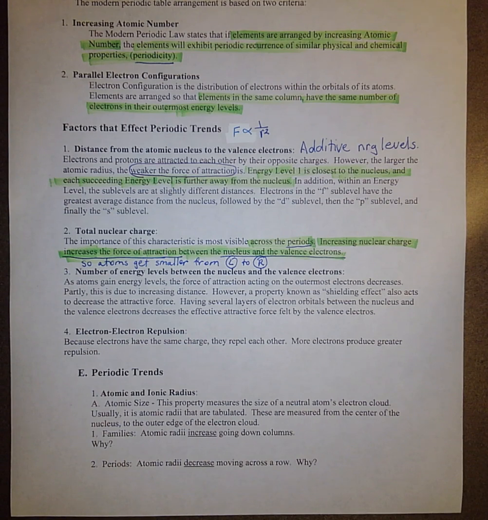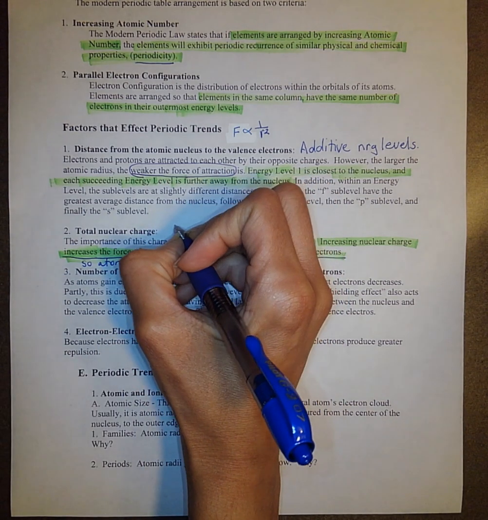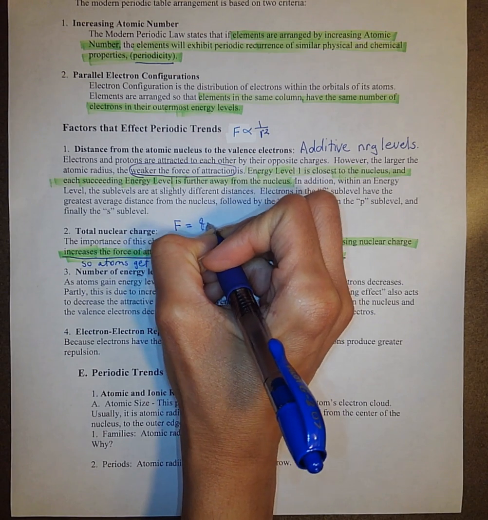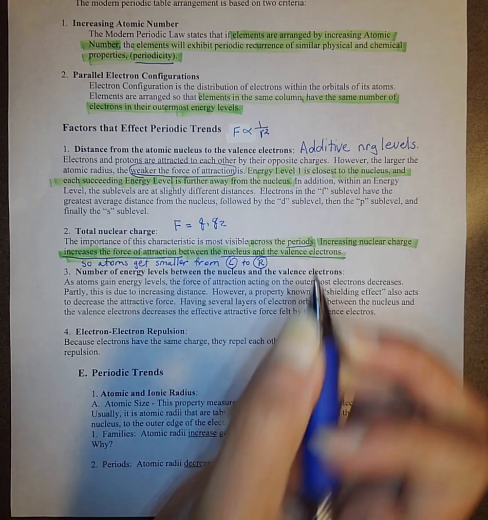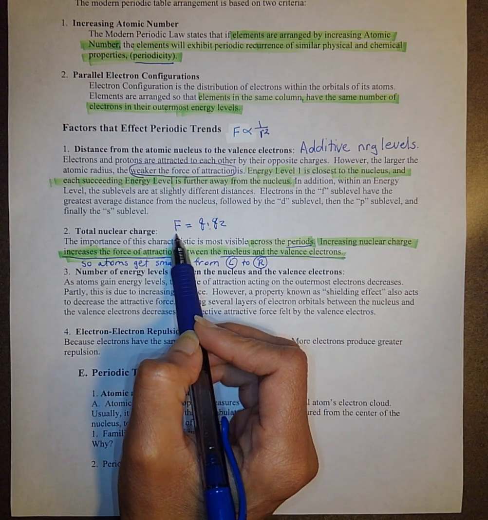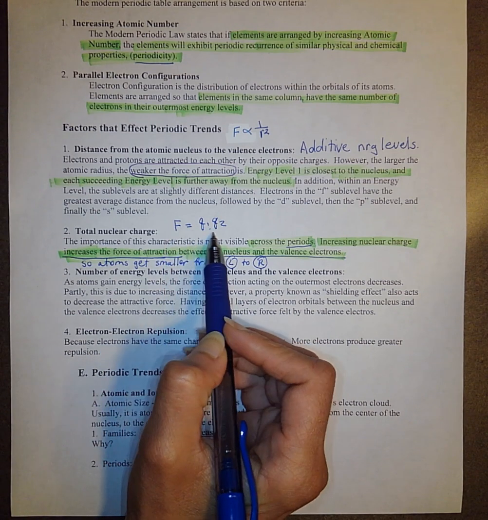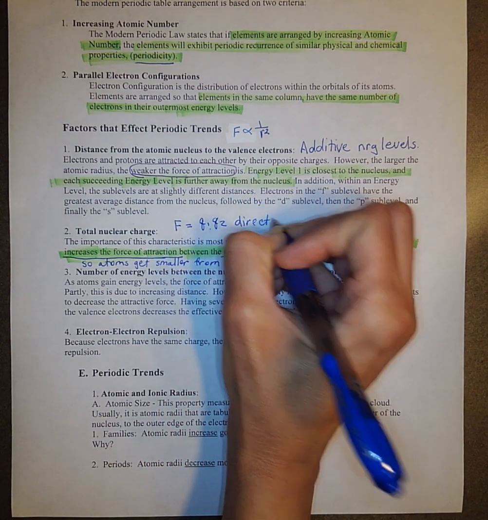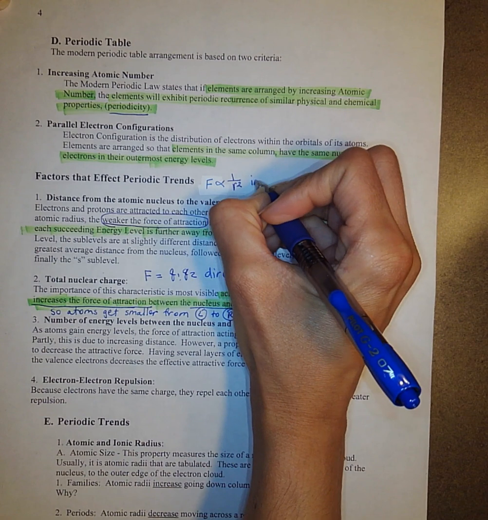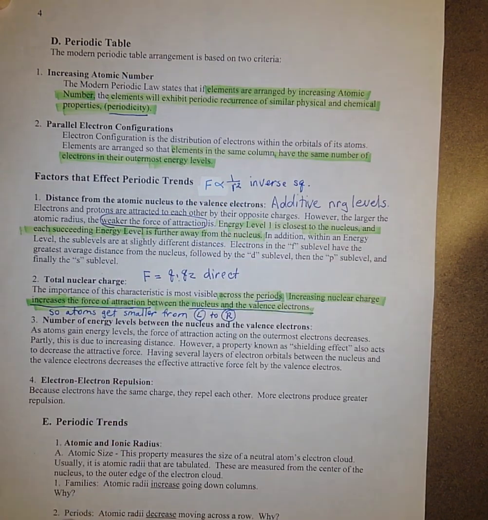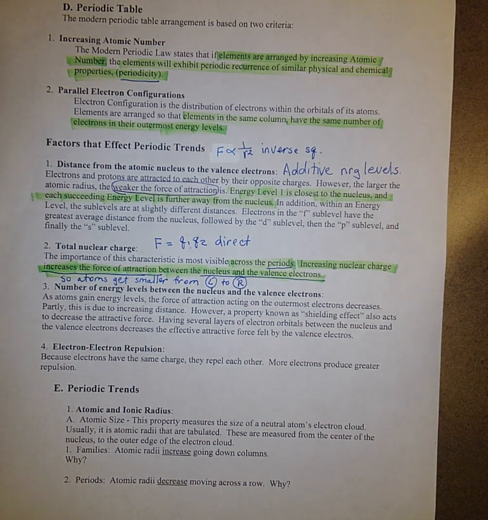Well, you guys, you know that the relationship between force and charge is actually the first part of Coulomb's law. Q1 times Q2. Remember, as charge increases, the force also increases. Keep in mind that this is a direct relationship, okay? Where this one is an inverse square relationship, okay? So keep that in mind.